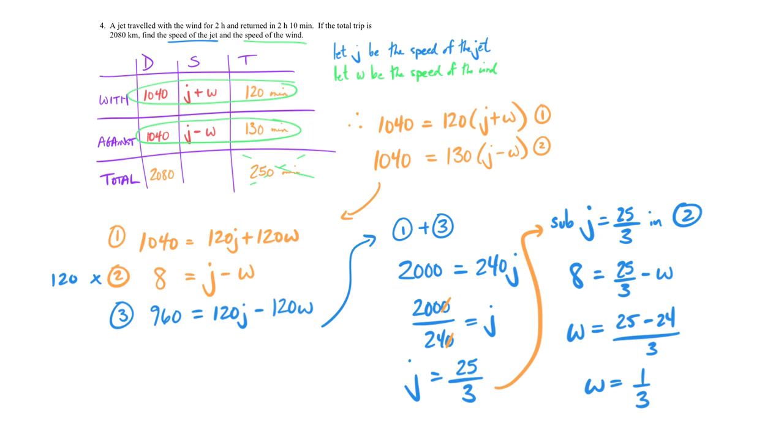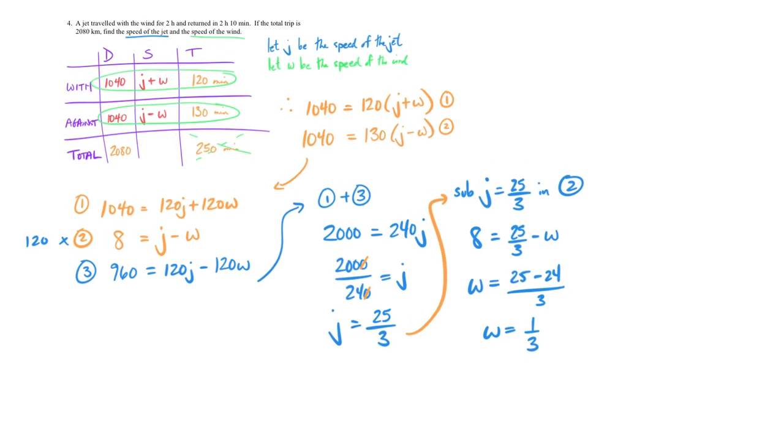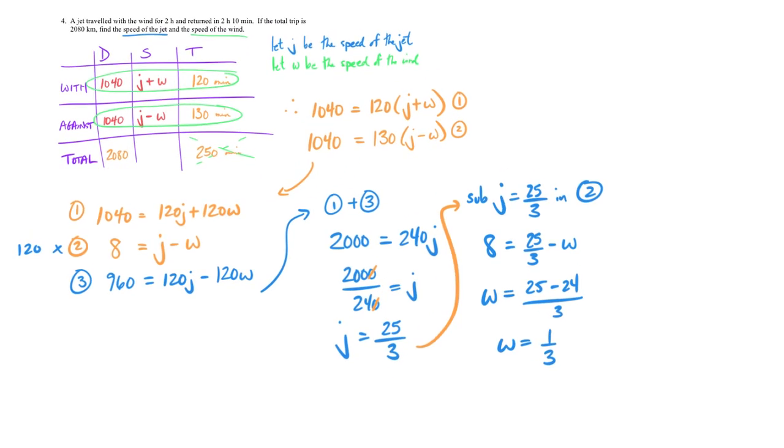Now, you could give me your solution to this problem as, therefore, the speed of the jet is 25 thirds, focusing on your units. What units were we talking about?